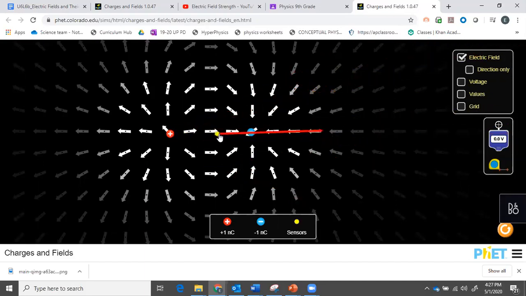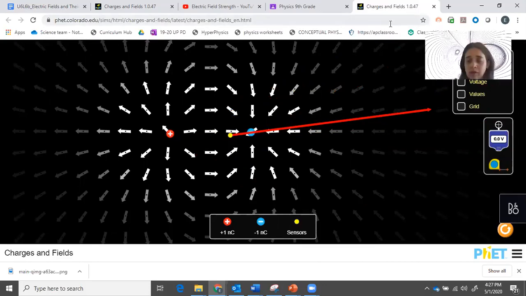My sensor here tells me that in the middle, there is a really strong electric field, and it would be causing my two particles to get closer and closer to each other, because we know that a positive and negative would be attracting.